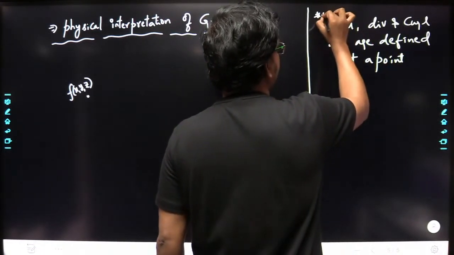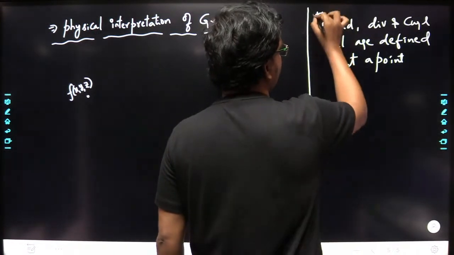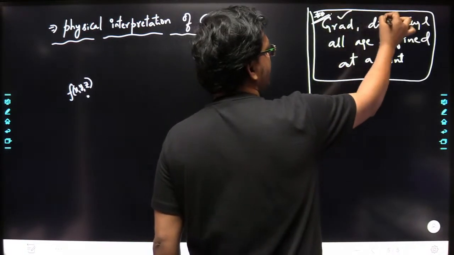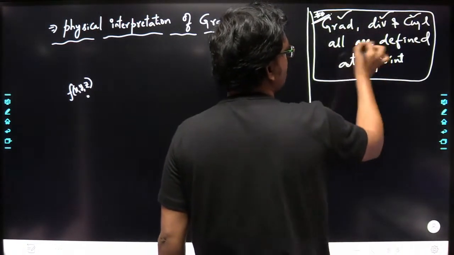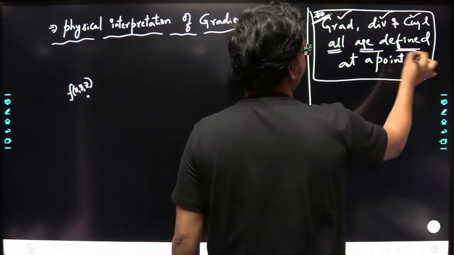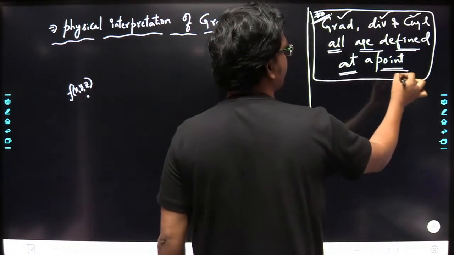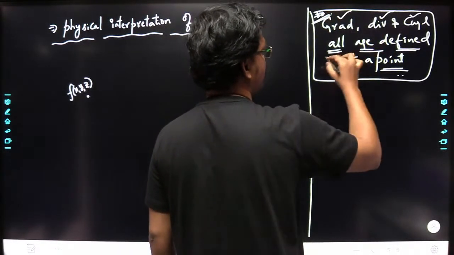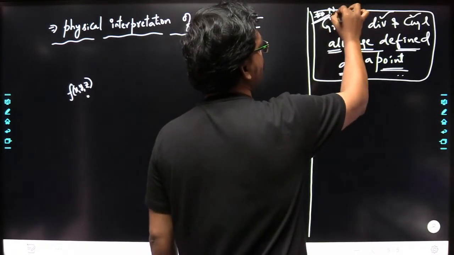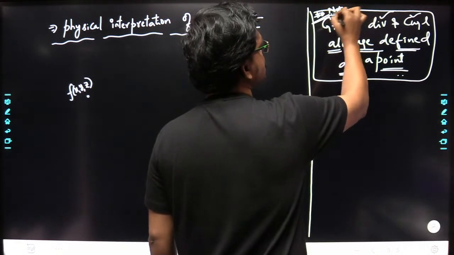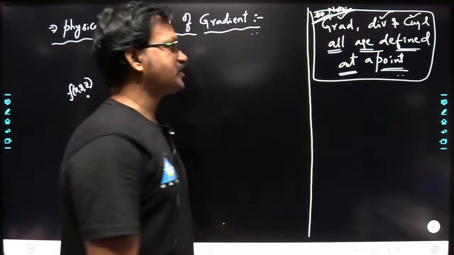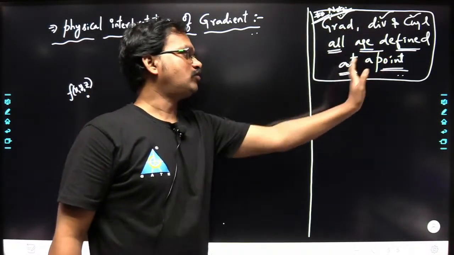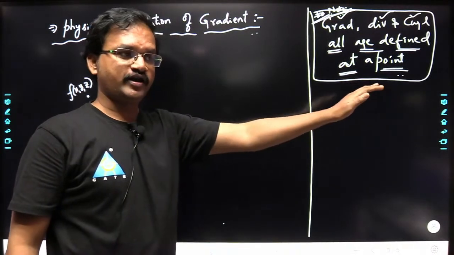This is a very, very important note, so make a note of it. Gradient operation, divergence operation and curl operation, all these vector operations are defined at a point.